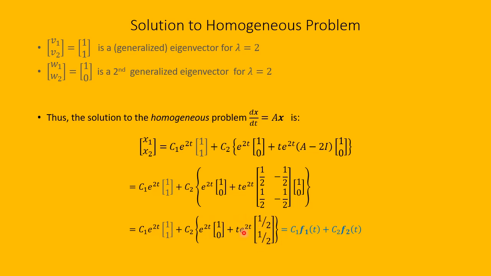And so this solution to our homogeneous problem is in the form an arbitrary constant c1 times a vector function f1 plus an arbitrary constant c2 times a vector function f2, where f1 and f2 are linearly independent. f1 is just this thing right here, e to the 2t times (1, 1). f2 of t is this stuff inside the braces, e to the 2t times this vector plus t e to the 2t times this vector.